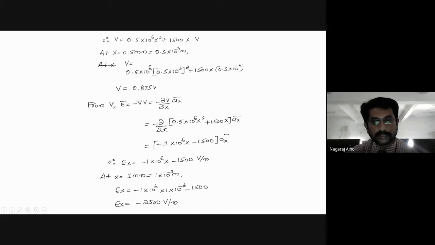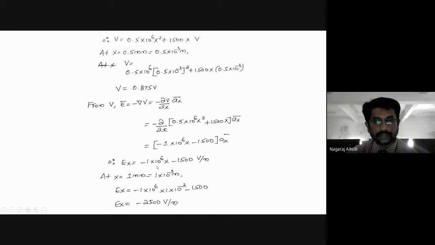Taking the minus inside, minus 1 into 10 raised to 6 x, and the differentiation of 1500 x gives minus 1500, AX bar. Therefore this E bar is nothing but the X component: Ex is equal to minus 1 into 10 raised to 6 x minus 1500 volt per meter.